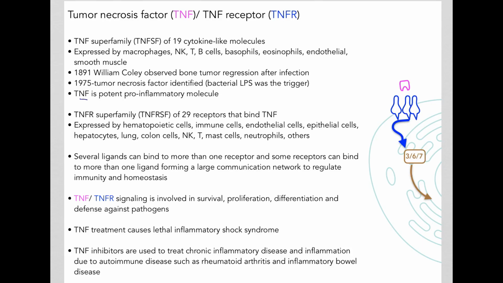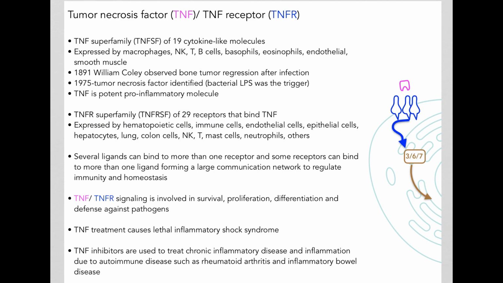So TNF, these are very powerful, very potent pro-inflammatory molecules. There are 19 TNF ligands, but the receptors, the TNFR superfamily receptors, there are about 29 such receptors that we know of that bind the different types of TNFs.